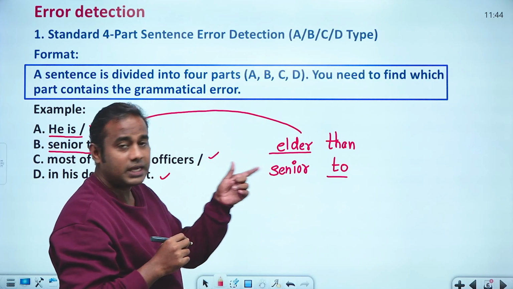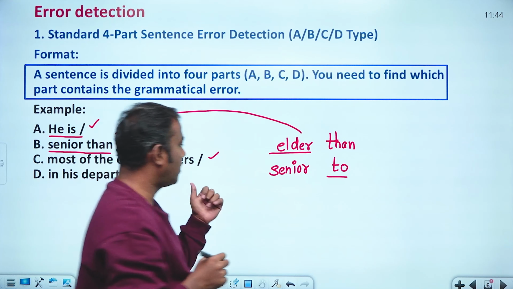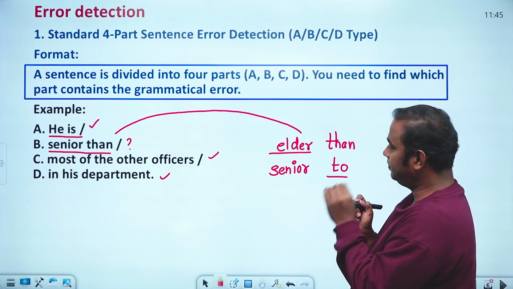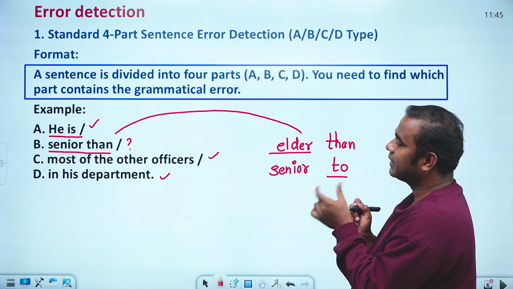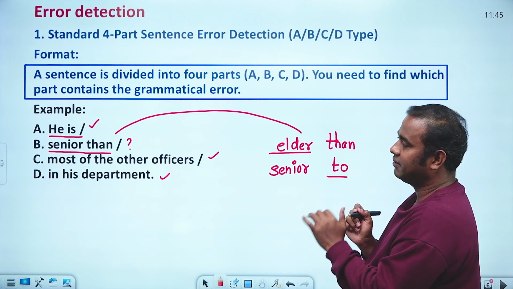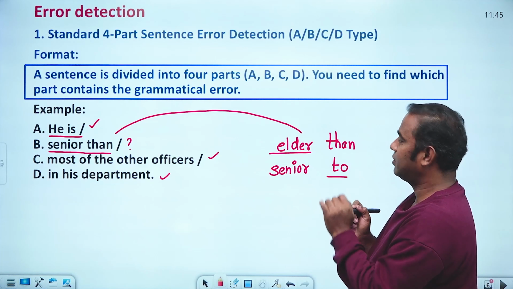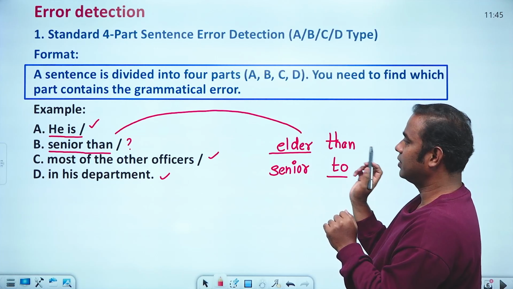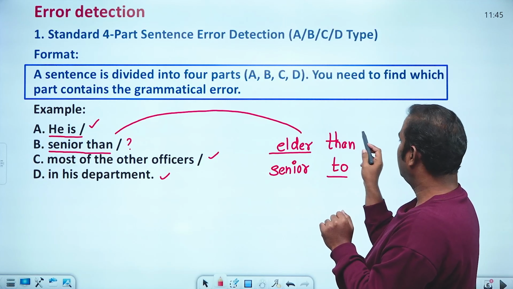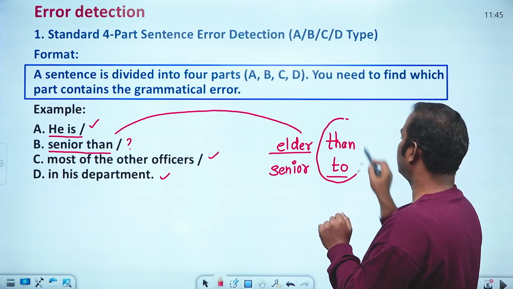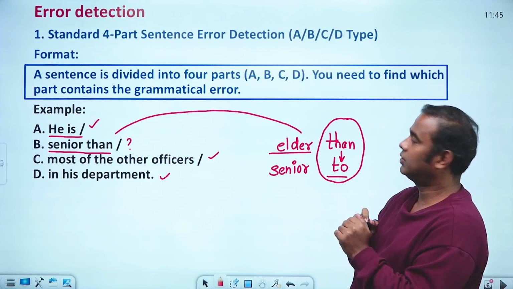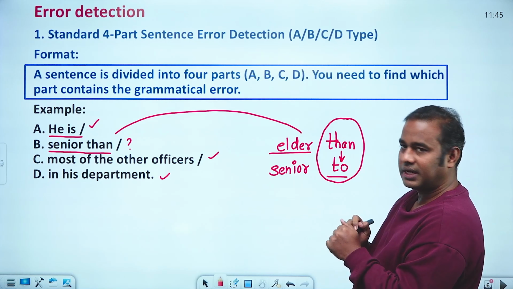So: "He is senior to most of the other officers in his department." Or else: "He is elder than most of the other officers in his department." These are the two ways. We can't change the word senior; only the grammatical error we have to check. The grammatical error is that instead of than we have to use to. So that is the right answer here.